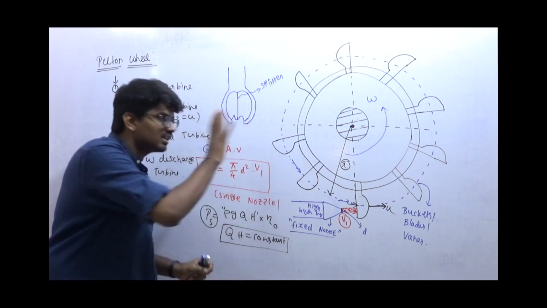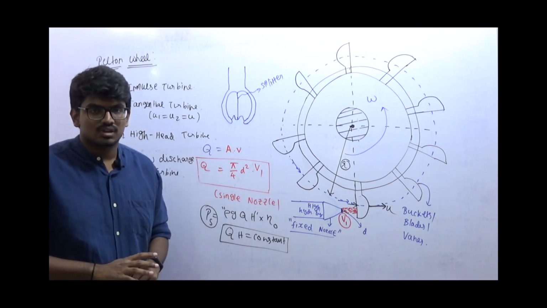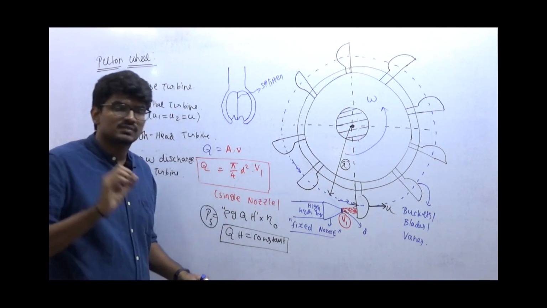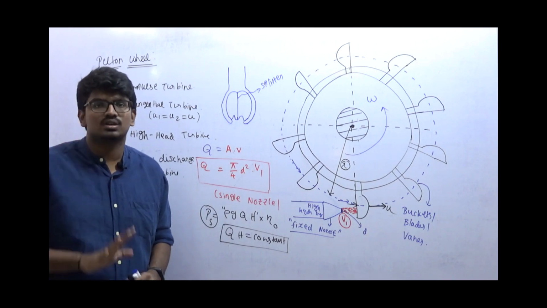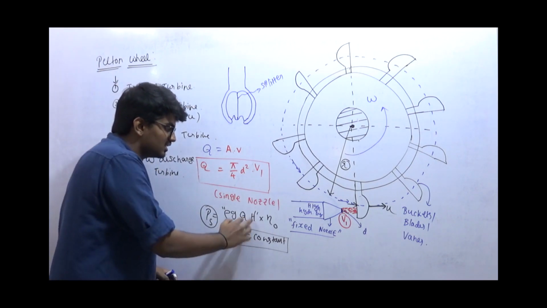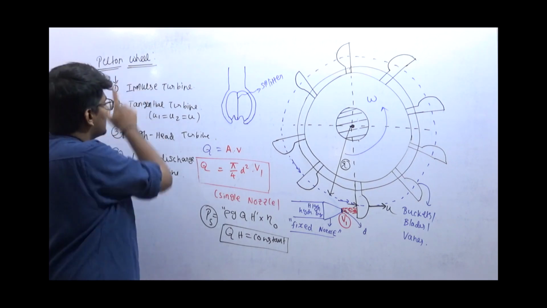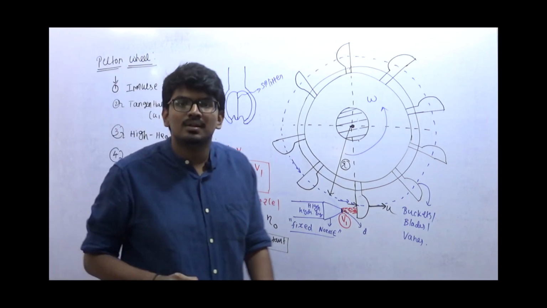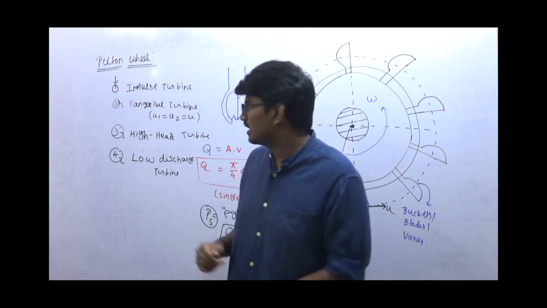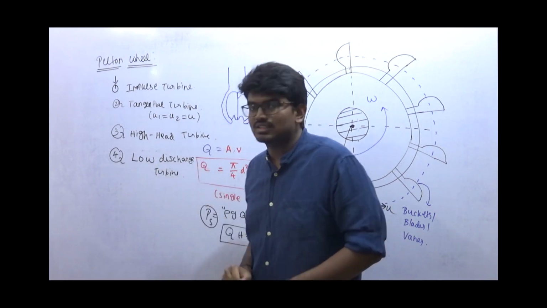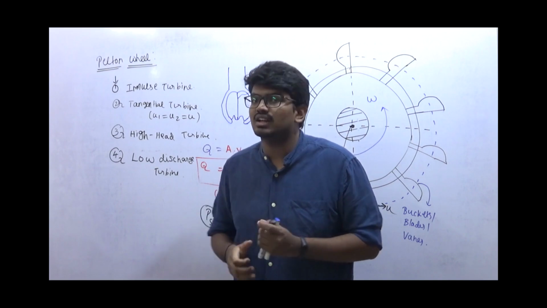Overall efficiency for a turbine is always constant. Rho g is also constant, assumed to be almost constant. So the product of discharge and head should be constant. Now we already know that Pelton wheel is a high head turbine, right? So if the available head is high, Pelton wheel can operate only at a high head.